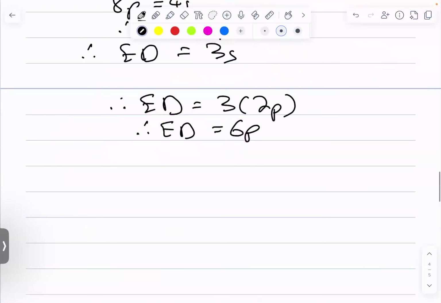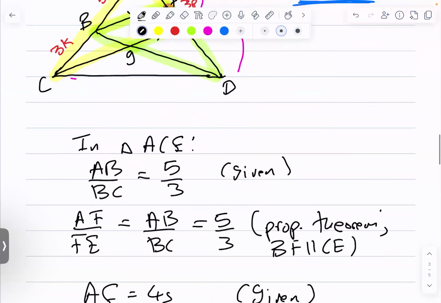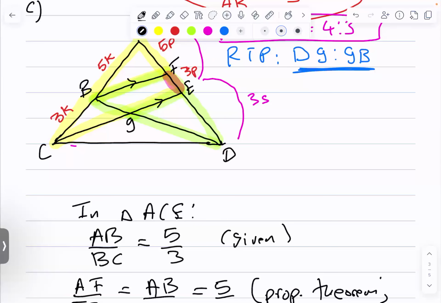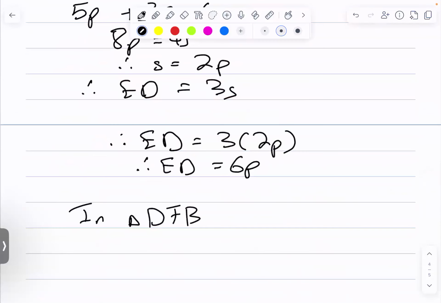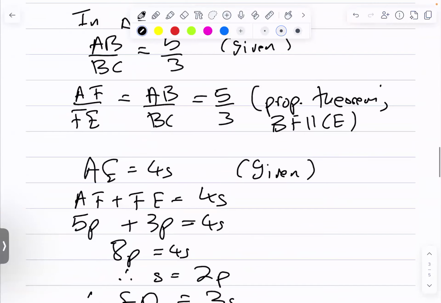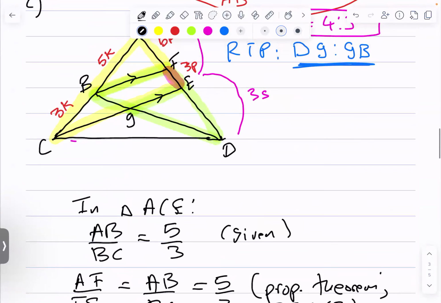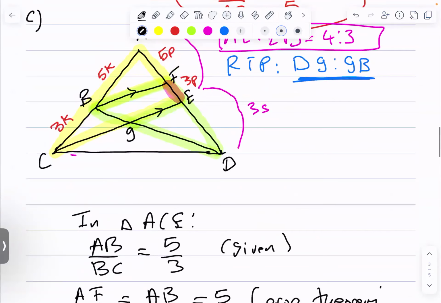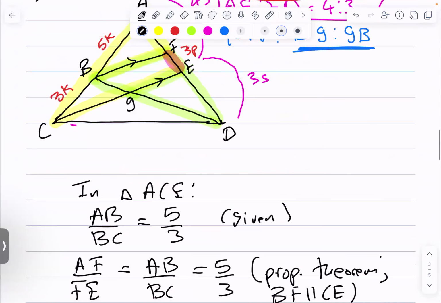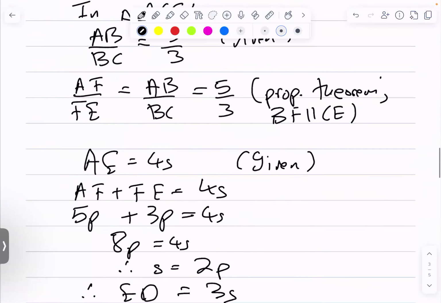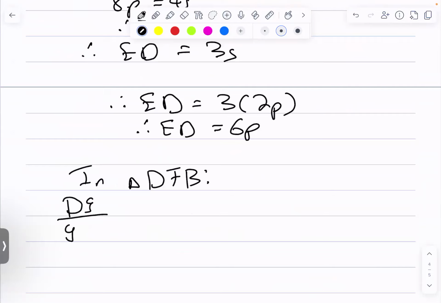We are going to say in triangle, and now we are moving to our green triangle DFB. Triangle DFB, we are noticing what's happening now. We are now smart and we see what's happening. And we are just going to write it the way they wanted us to write it. We're going to say DG over GB.